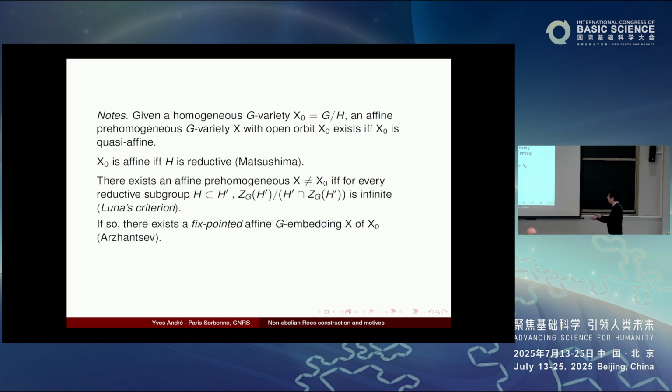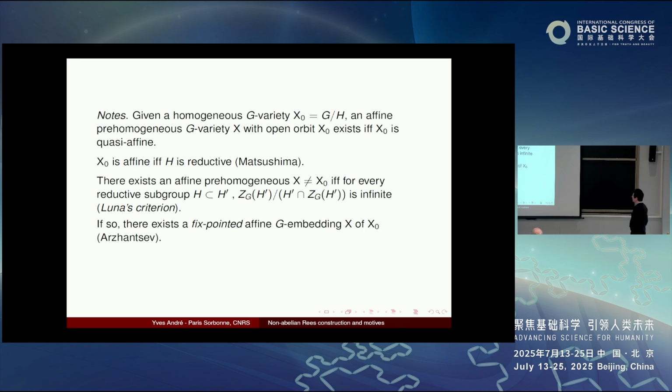Of course, this is a necessary condition, but it's not so trivial to see that it is sufficient. Moreover, this condition that X naught is quasi-affine can be read on the subgroup H of G. This is exactly equivalent to the fact that H is an observable subgroup of G, which means that any representation of H can be embedded in a representation of the bigger group G.